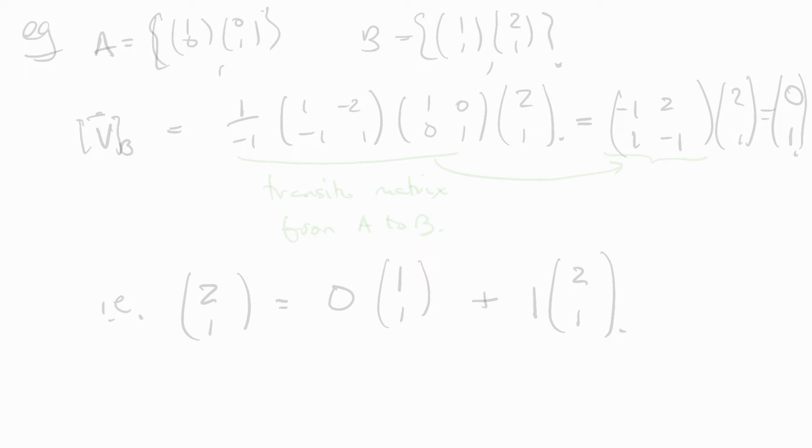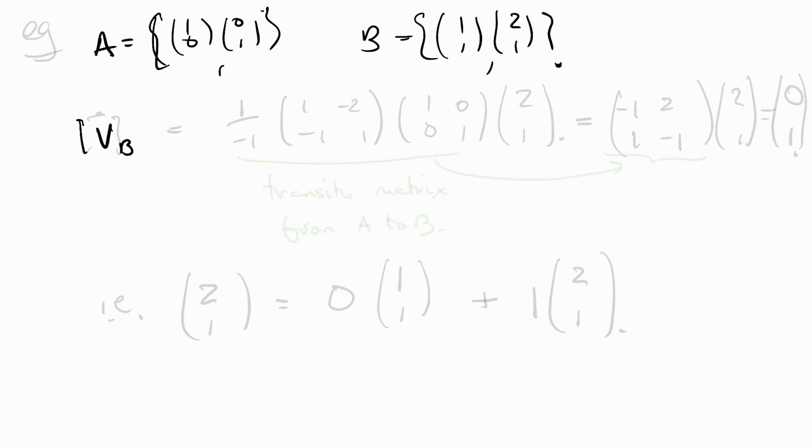For our particular example, A is 1, 0, 0, 1, and B is 1, 1, 2, 1.